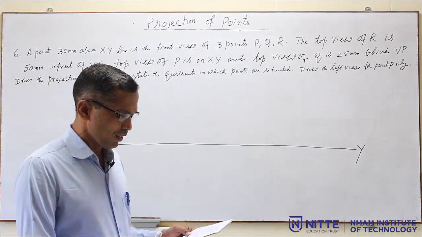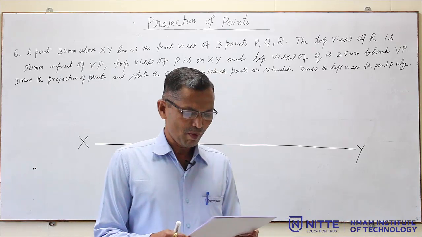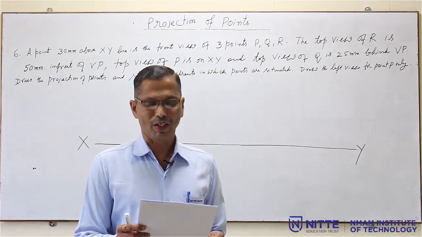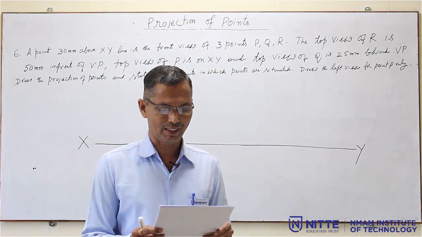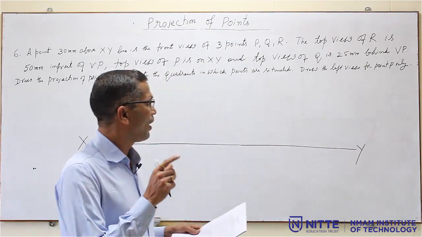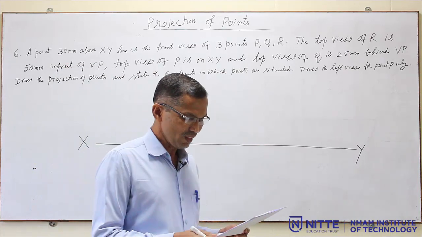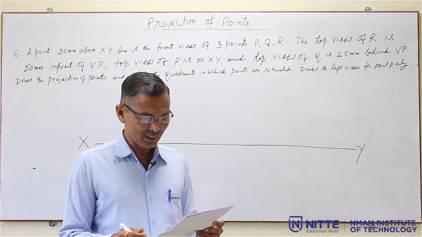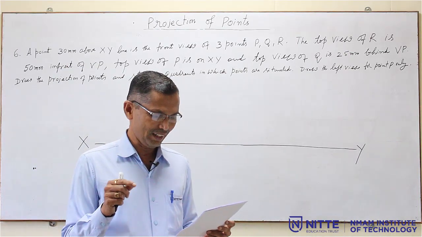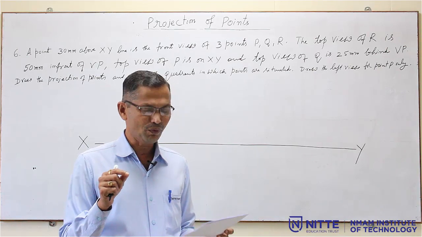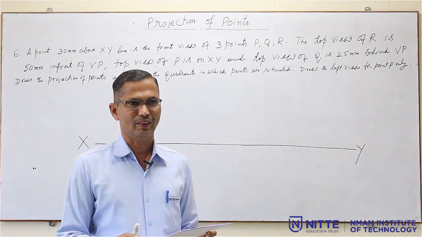Now, here in this problem they have mentioned about 3 points. Name of the points are point P, point Q and point R. Now, these 3 points are located or belong to 3 different quadrants.